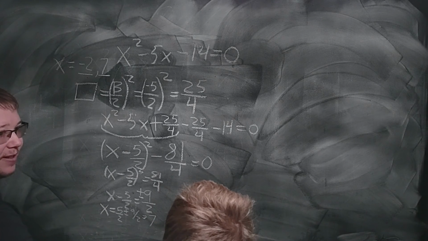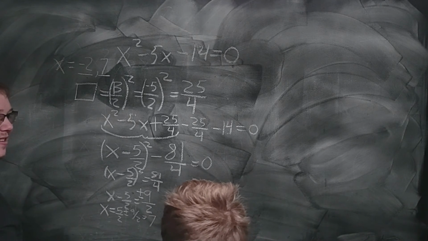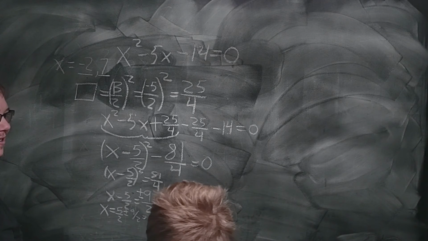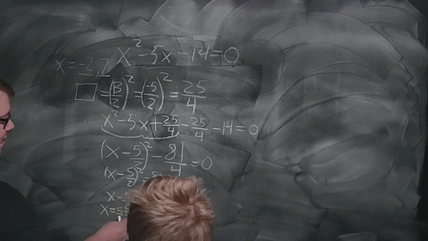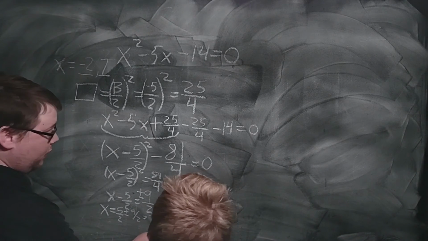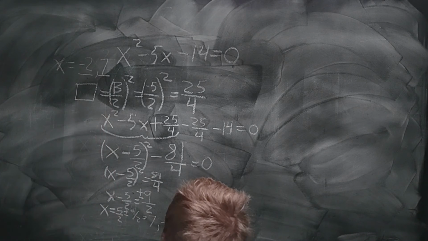Negative 4 over 2. And negative 4 over 2 is negative 2. So we got the same two answers.